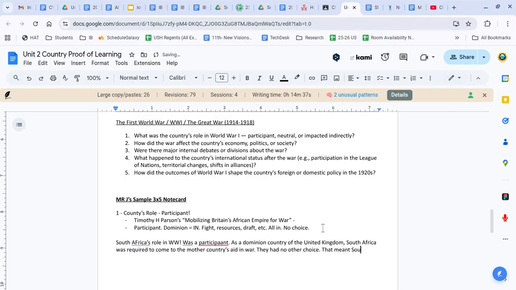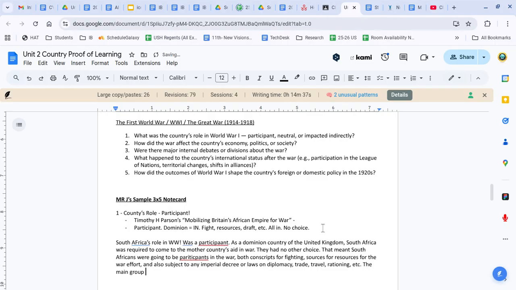That meant South Africans were going to be participants in the war, both conscripts for fighting, sources for resources for the war effort, and also subject to any imperial decree or laws on diplomacy, trade, travel, rationing, etc. Right?